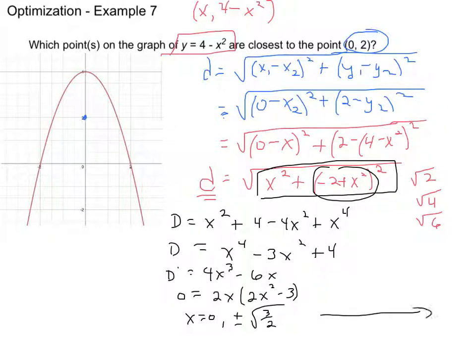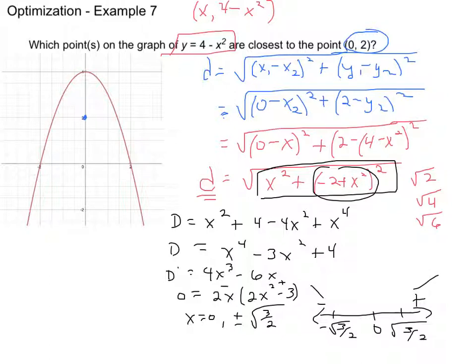So negative square root of 3 over 2, 0, and positive square root of 3 over 2. All right, so when x is very, very negative, negative a million, I'd have a negative value and then a positive value, so it would be negative, and so that value would be decreasing. When it's at positive a million, it will be positive, so over here it's going to be increasing.